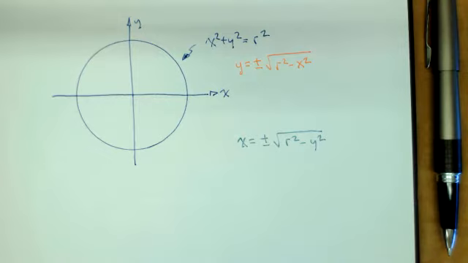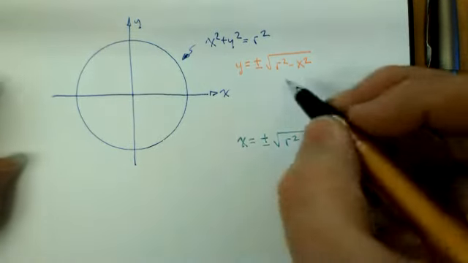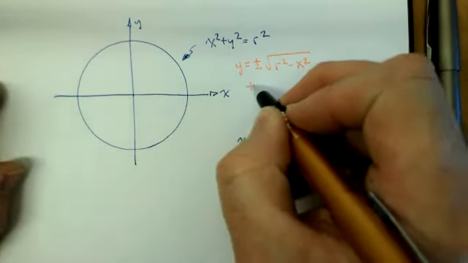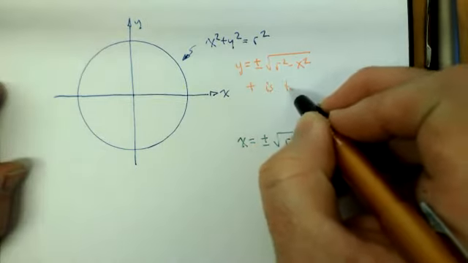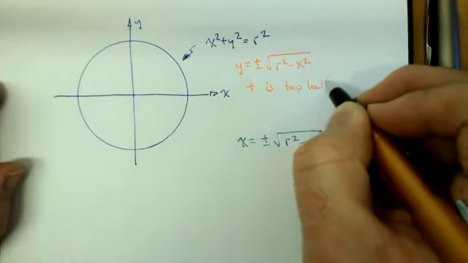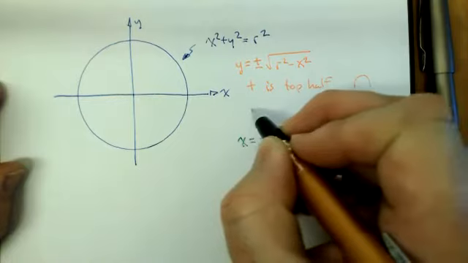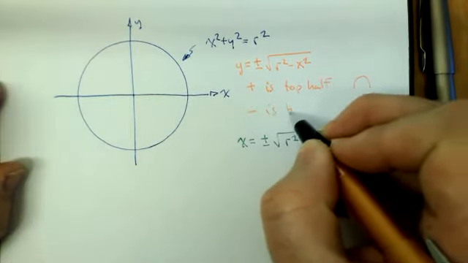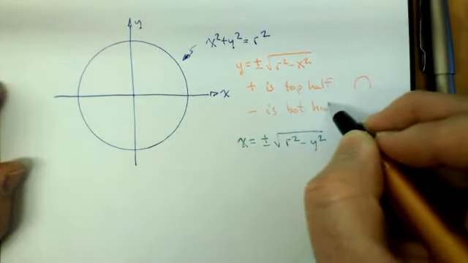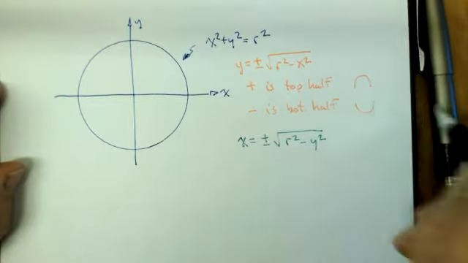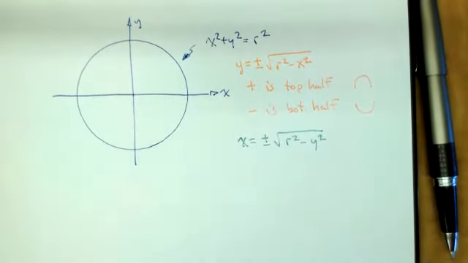For y equals plus or minus the square root of r squared minus x squared, the plus square root is the top half, and the minus square root is the bottom half. So there's the plus and the minus.